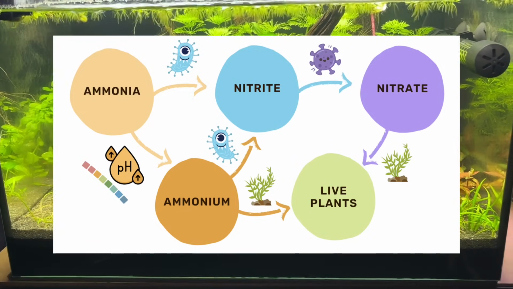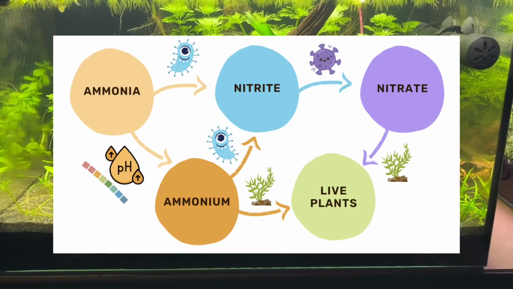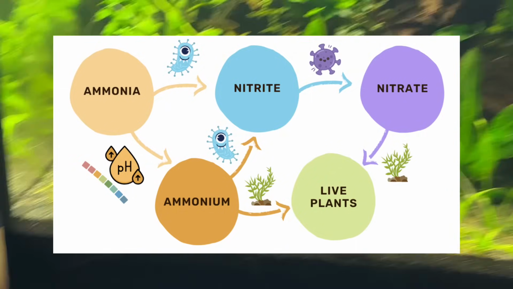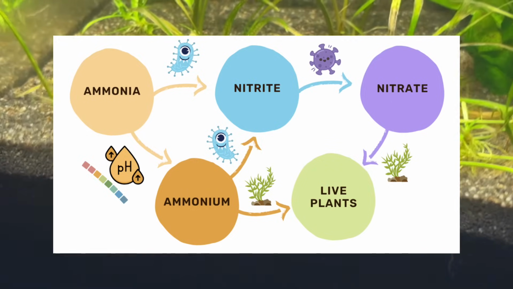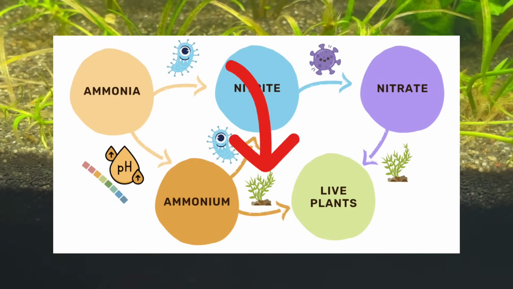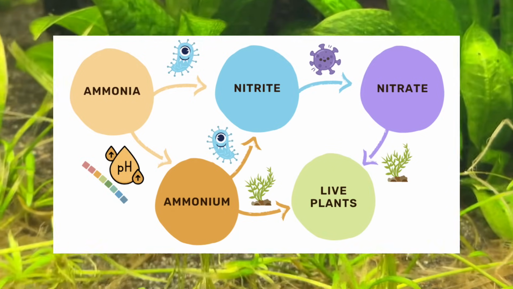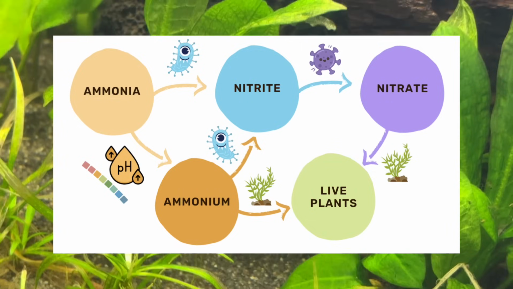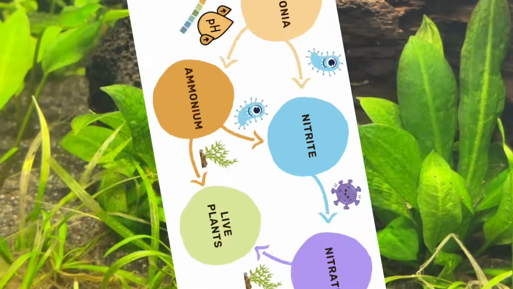These microorganisms will be basically mopping up any leftover ammonia or nitrite in the tank and converting it through to nitrate if needed. But with this system, the plants take the lead by directly absorbing ammonium and turning it into plant growth. This means that far less ammonia and nitrite need to be processed by the microorganisms in your tank.